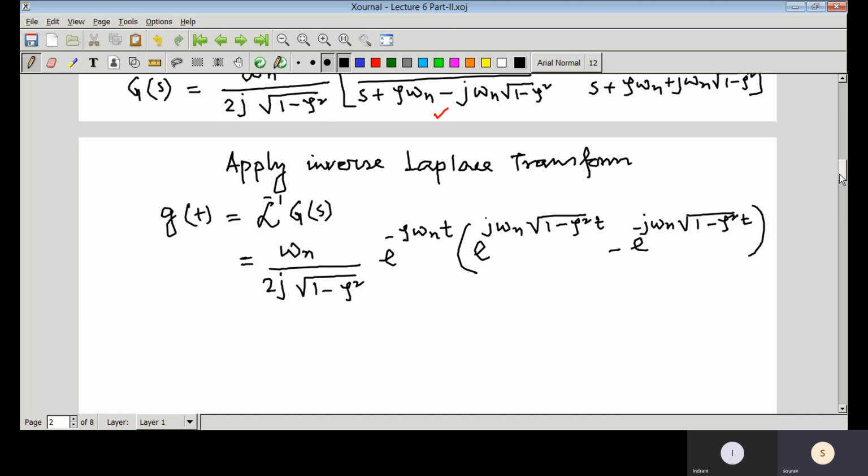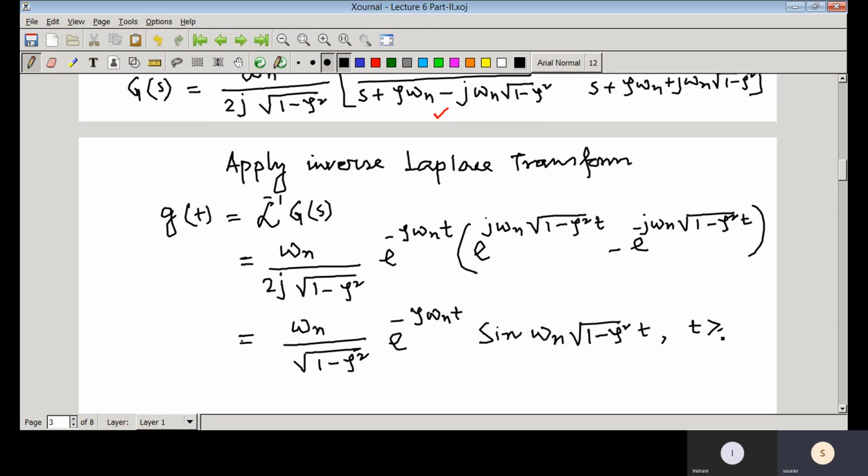Then if you simplify it, finally you get the expression for g(t) as omega n by square root of 1 minus zeta square, e to the power minus zeta omega n t, sine, writing the exponential form in sine form, omega n square root of 1 minus zeta square t, when t is greater than or equal to 0. So this is actually your g(t).